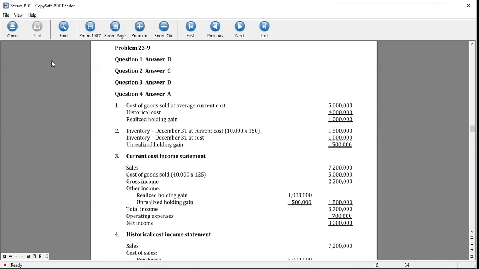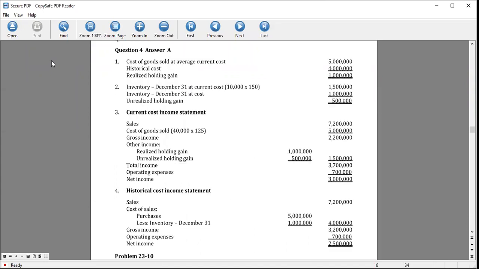Then we have the gross income. Then we add the realized holding gain of 1 million, the unrealized of 500,000. We have the total income of 3.7 million. Then we deduct the operating expenses in the amount of 700,000. So we now get the amount of net income of 3 million.